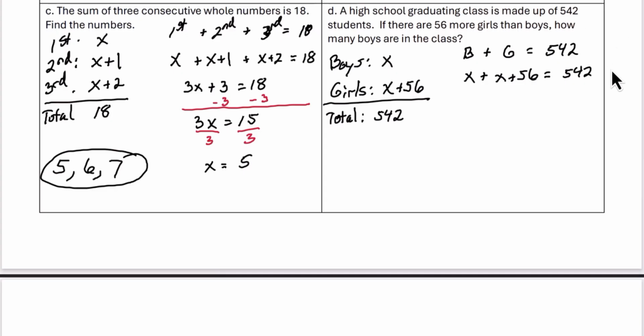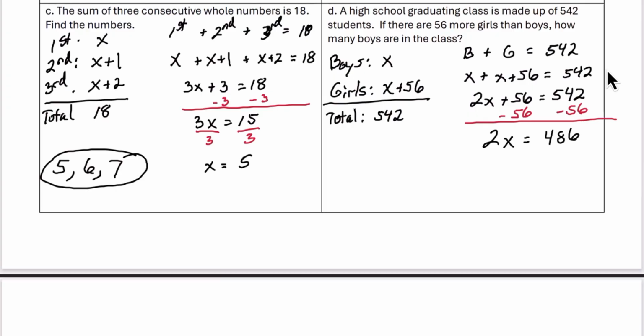Now that we've done the hard part, we can solve. Combine like terms, x plus x is 2x. Next we'll subtract 56 on both sides. 2x equals 542 minus 56 is 486. Then we'll divide both sides by 2.